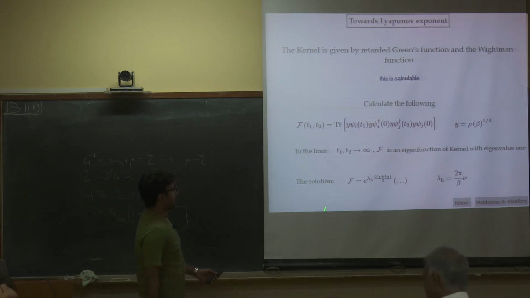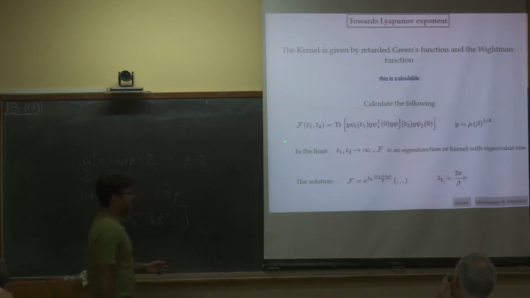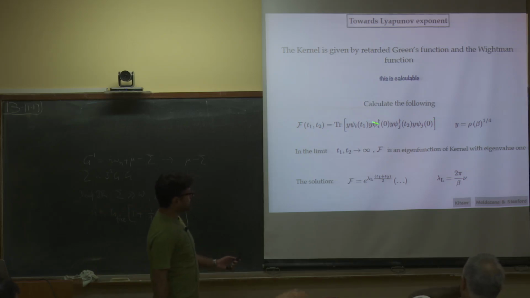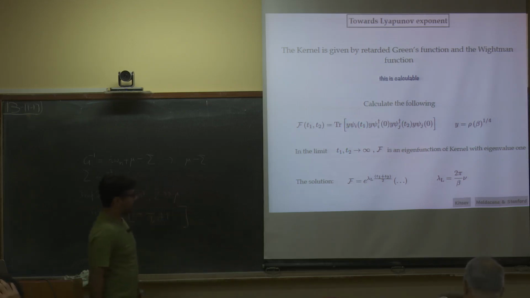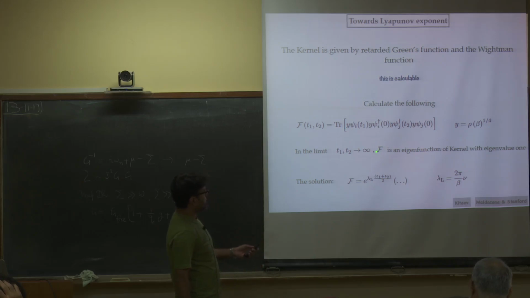The standard practice here, which is essentially what SYK suggested, is that if you really want to calculate this out-of-time-ordered function, you calculate an object like this, where you separate each of these operators by a quarter of the way around the thermal circle, and you take the limit in which the real times T1 and T2 go to infinity. What happens is that this function is now an eigenfunction of the kernel operator with eigenvalue 1.